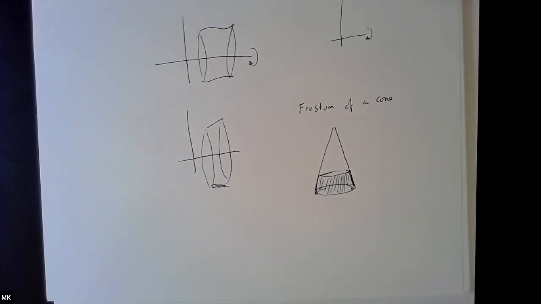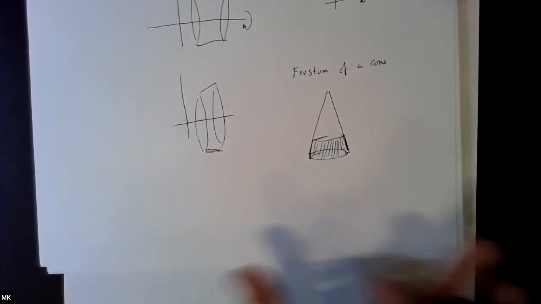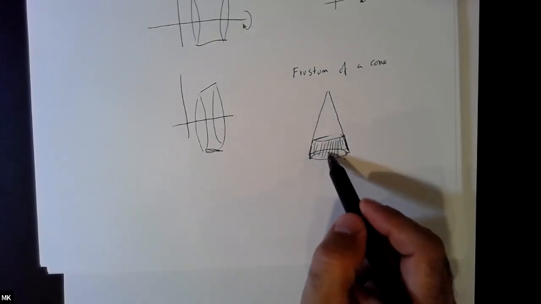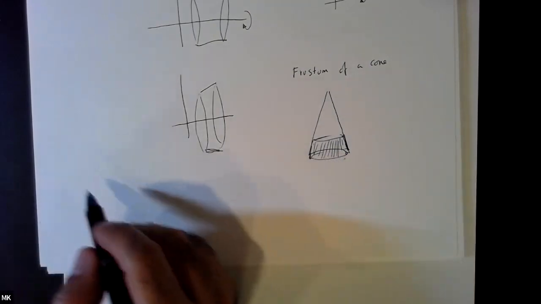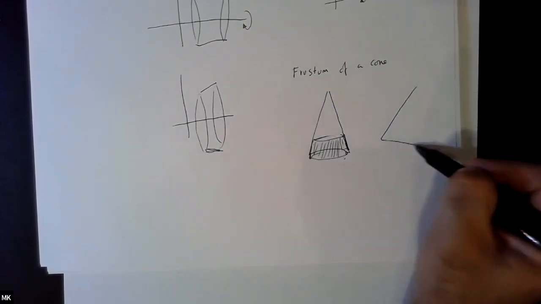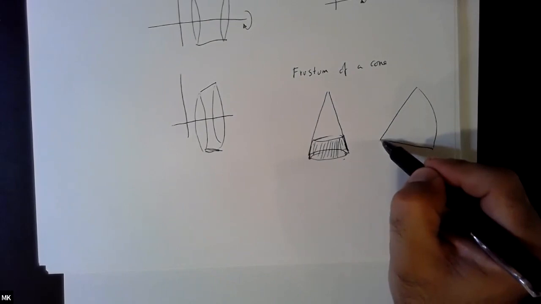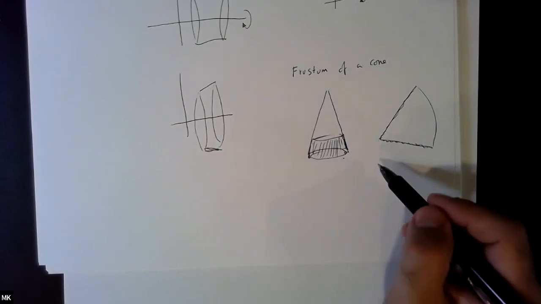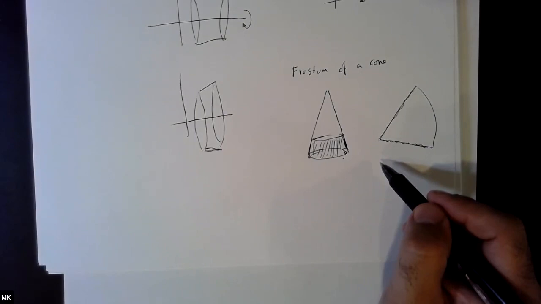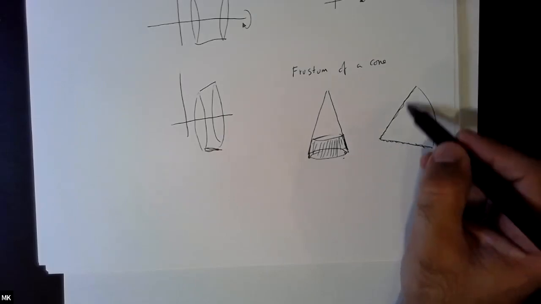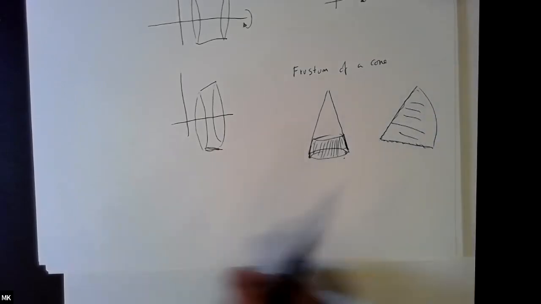Now, to begin with, we have a formula for the surface area of a cone as a whole, without considering just part of it. If you think about the cone as a sector of a circle where you glue this part to this part to form your cone, then you can calculate the surface area of the cone by calculating the area of this piece.